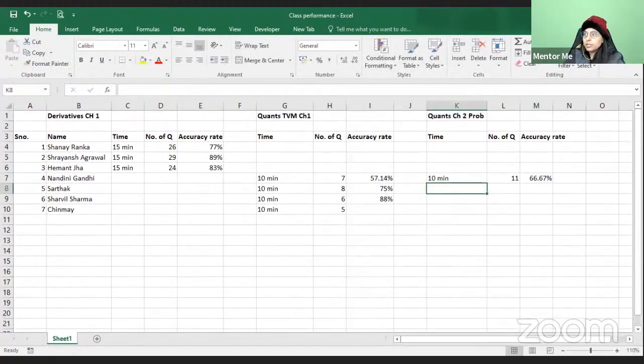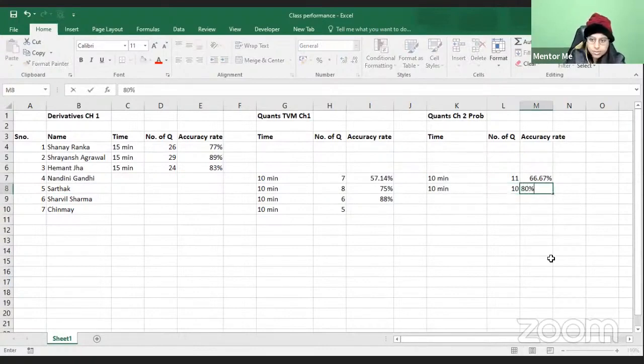Next is Sarthak, also in the list. Another 10 minutes allocated. Questions attempted is 10. Accuracy is 80%.